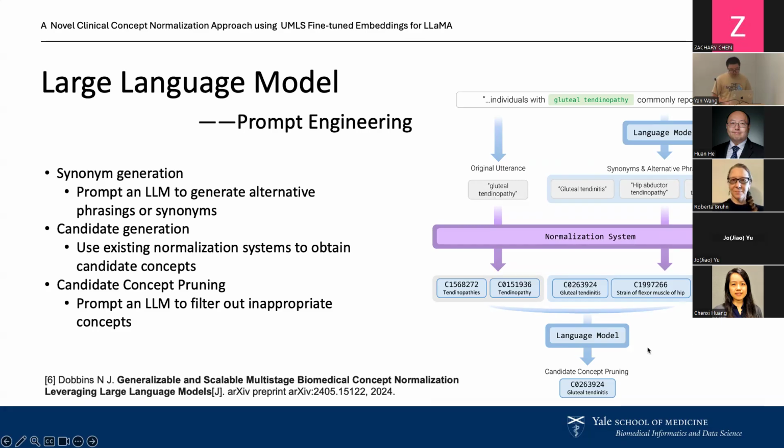After normalization, they again prompt the LLM to filter out inappropriate concepts using both the preferred name and the semantic type of the given candidate concept, as well as the surrounding context of the original identified span.